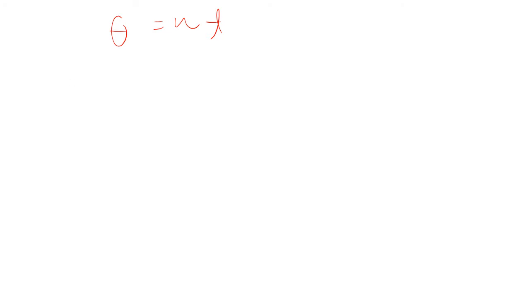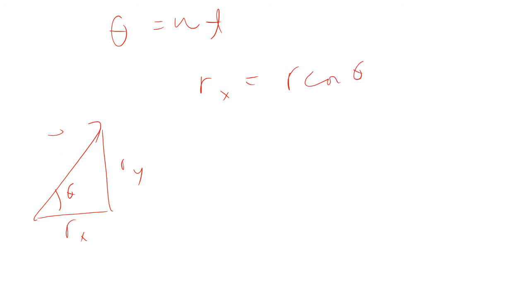If we want to find the x values here, this thing is some r, and it's got some x and y components to it. So we have an r x and an r y. R x is just going to be equal to r cosine theta, and r y is going to be r sine theta.